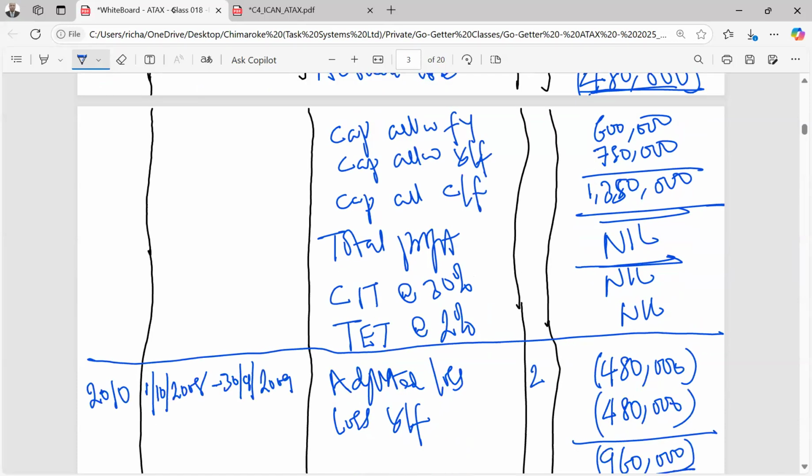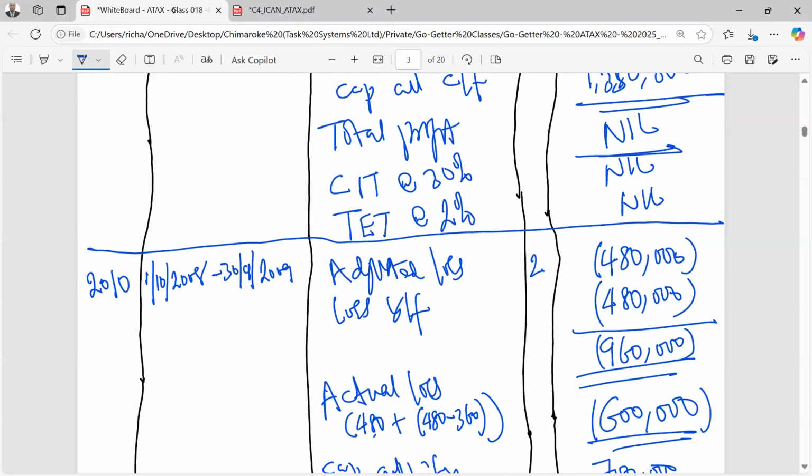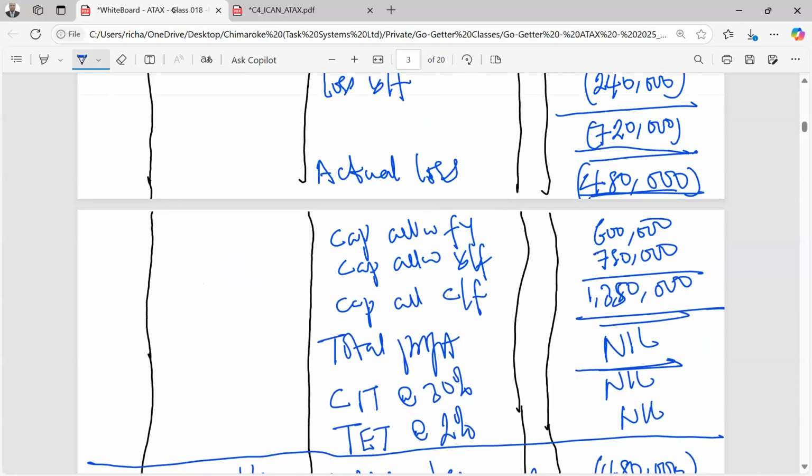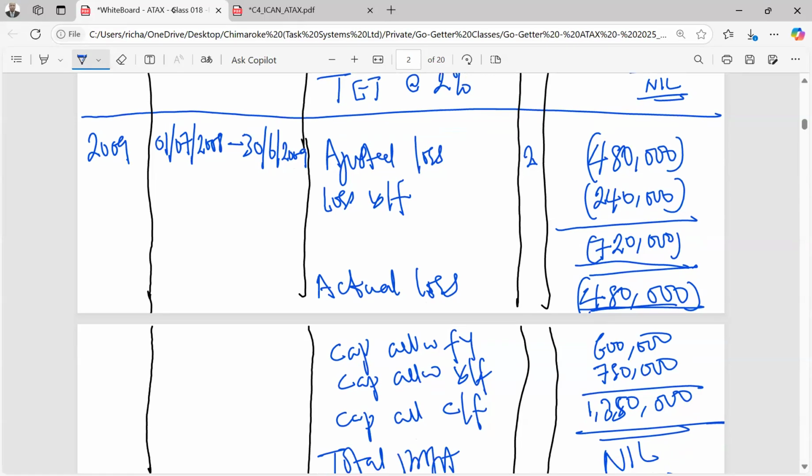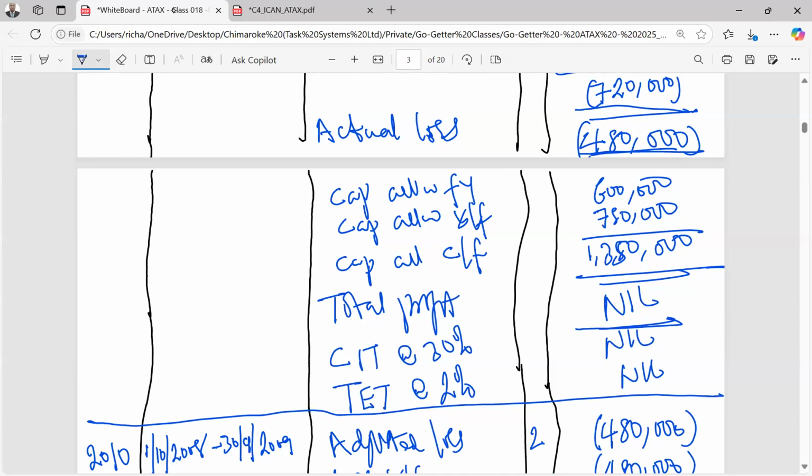But now the thing is this, 480 plus 480 is 960. But what is the actual loss? If you look at this one here, this one has some dates that this one does not have. This one started from the date the business commenced, July 1, to how many? To June, right? So what can we find here?